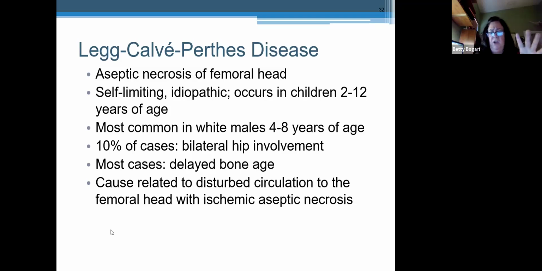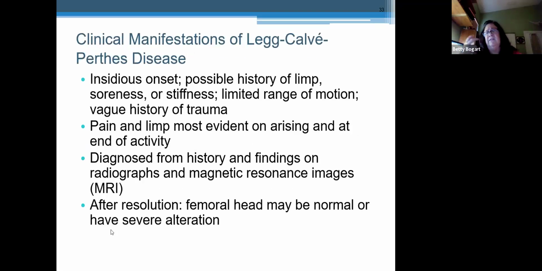It can be both, but usually it's one hip and it's this limp. And it's stiff, and there's no reason. There's no bruising. There was no fall. There's nothing. Again, it's once they're sitting for a while or arising in the morning, they're the stiffest, okay? They'll do an x-ray, and they're going to see a fuzzy head of the femoral bone. And it's telling you something's going on there. Aseptic.